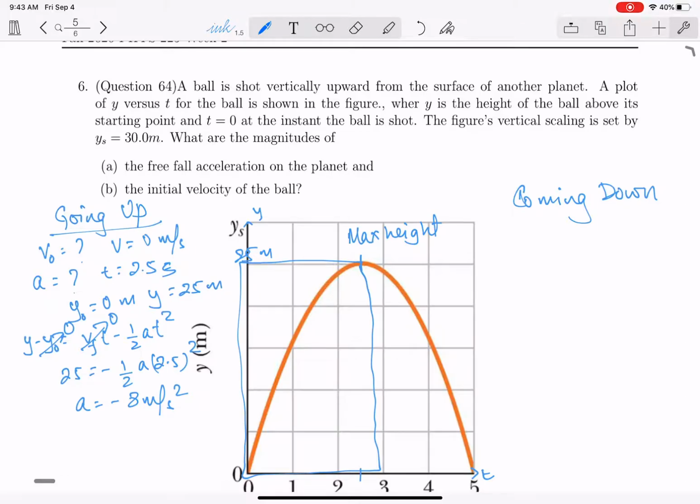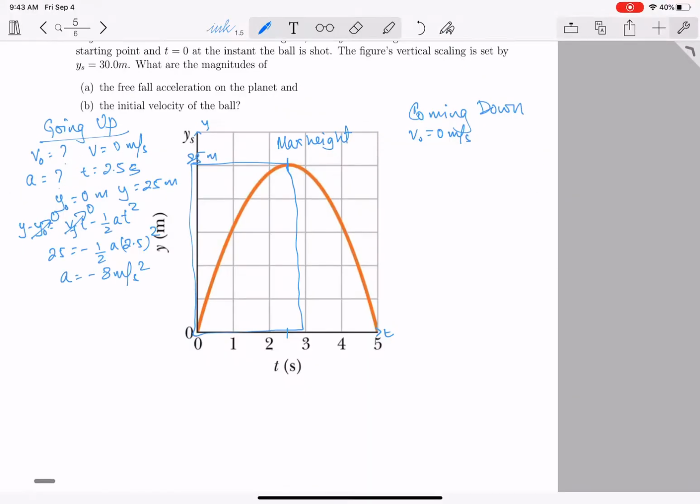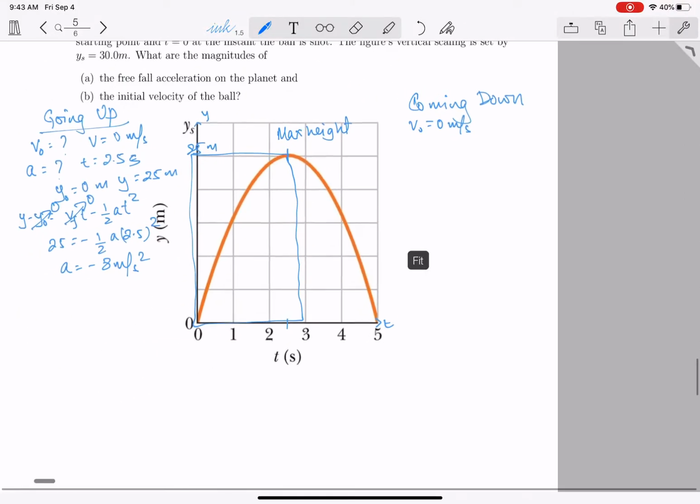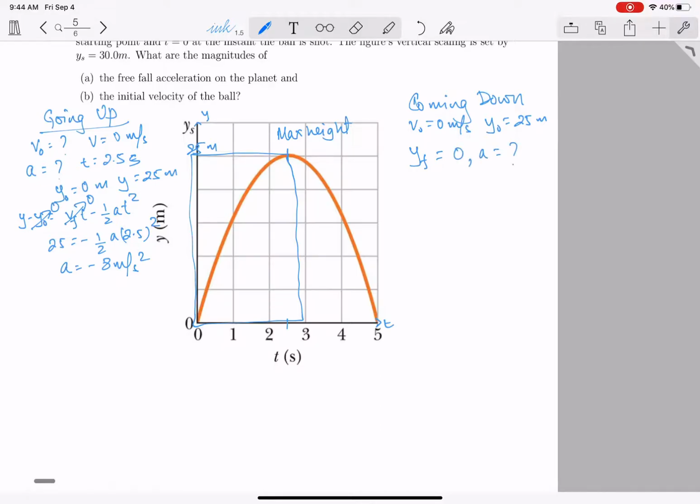Now coming down, we consider this as a separate problem. At the top, v initial is 0. So we can consider either going upwards or coming down. While coming down, our positive axis is up, and we consider the top to be the y initial point, because we are changing our reference origin. So y final is 0, y initial is 25, and t is 2.5 seconds.